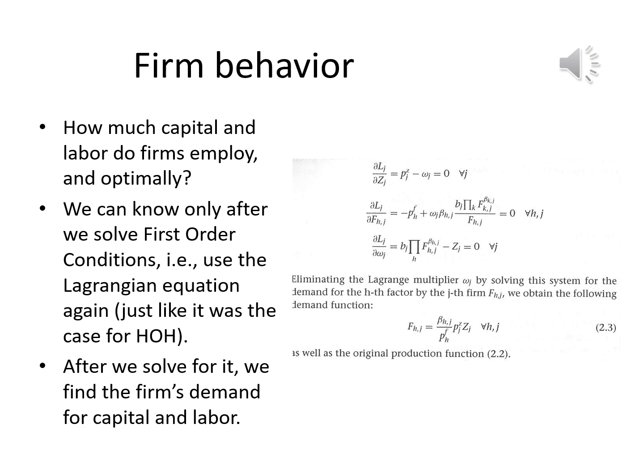Fair enough. And remember, beta is the share of the production factor in production, and as you see, it is important in determining how much capital and how much labor is used in optimal amounts.